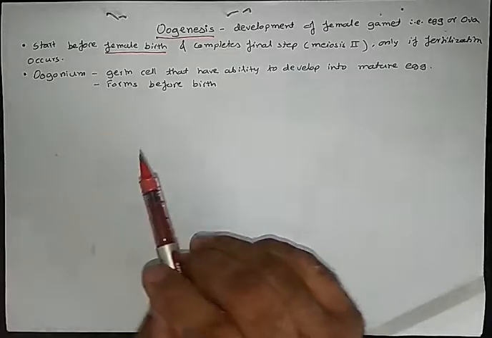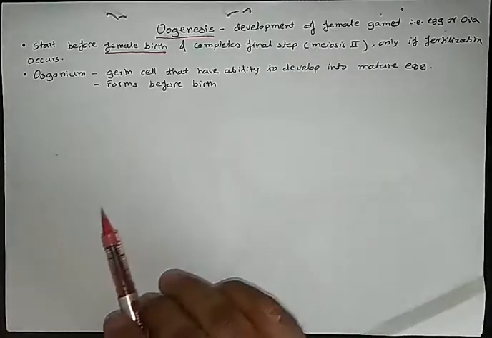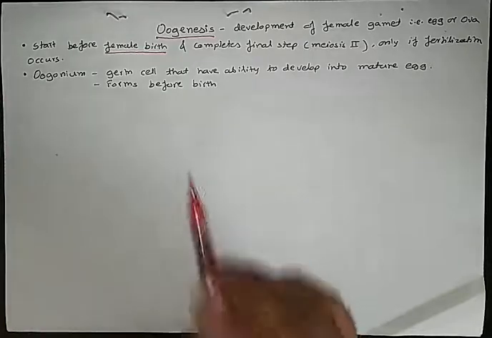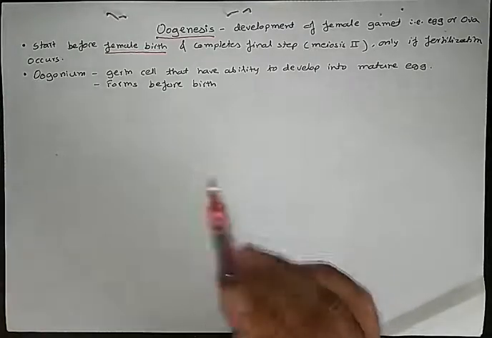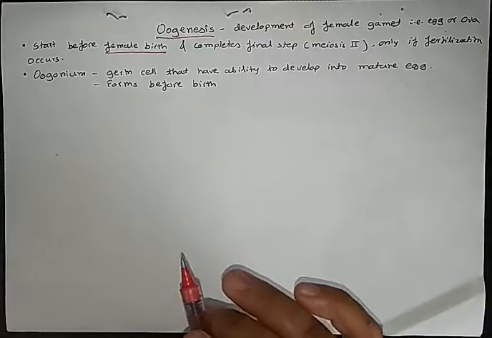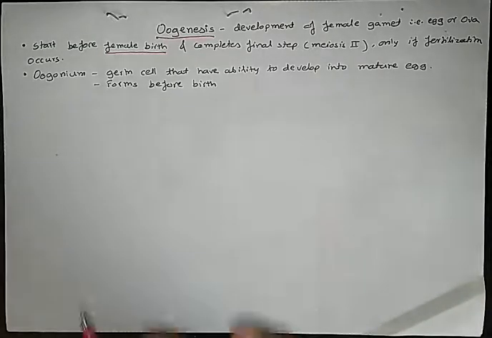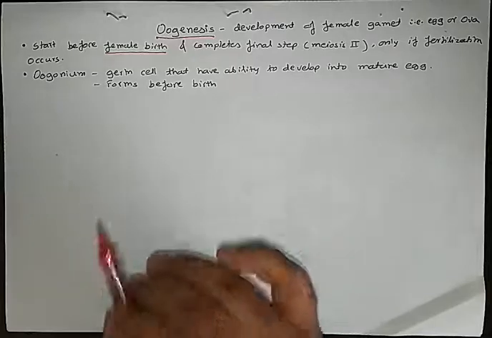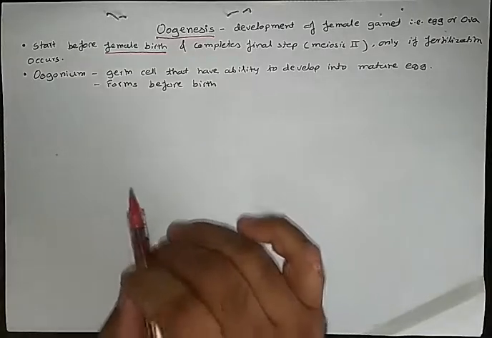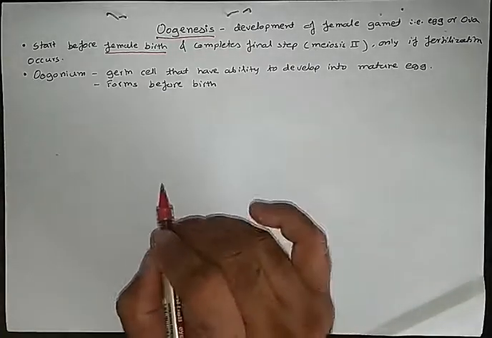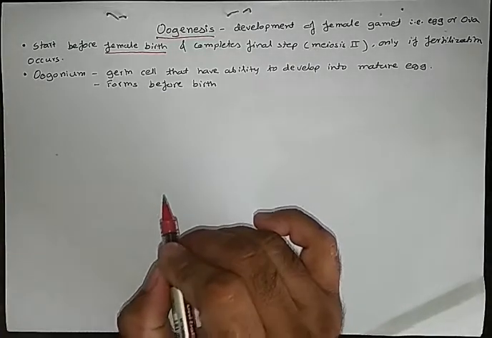Now we will see the process by which this female gamete or egg or ova forms in the female reproductive system. So we will start from the initial. I will show you the diagram and then we will see the follicular stages in gamete development or in oogenesis. Firstly there is a multiplication stage.